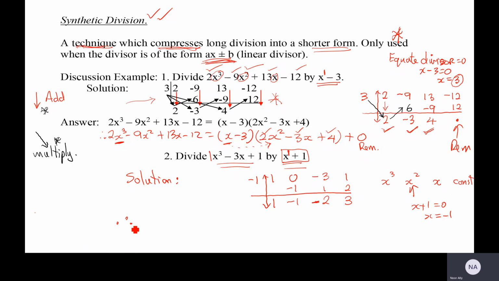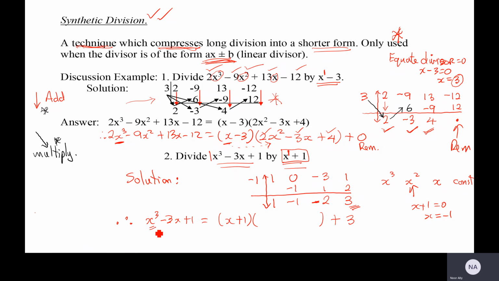Therefore, now it is important that you finish this correctly. x cubed minus 3x plus 1 is equal to the divisor, which is x plus 1, multiplied by the quotient plus the remainder. Now, immediately you should be able to see that the remainder is 3.